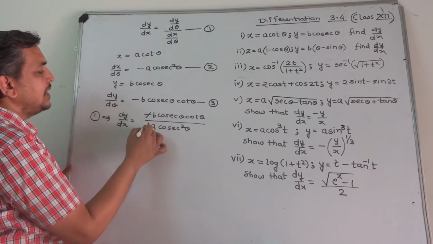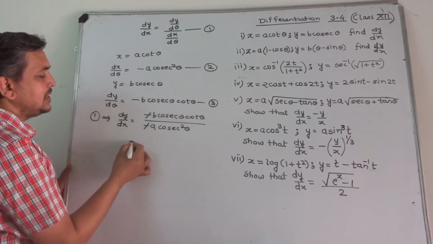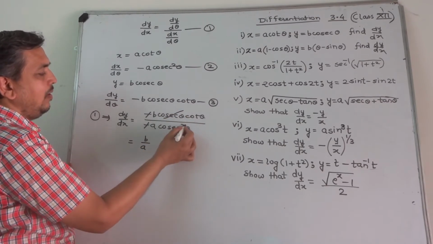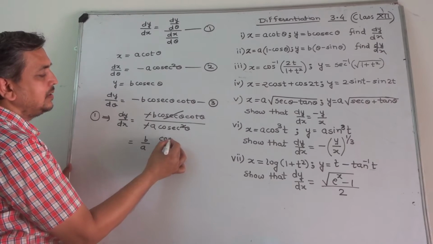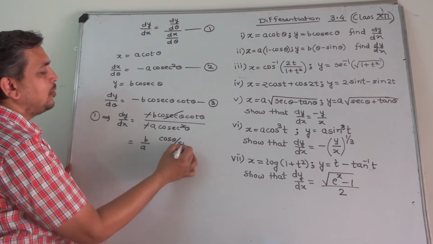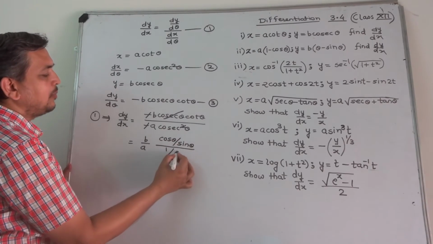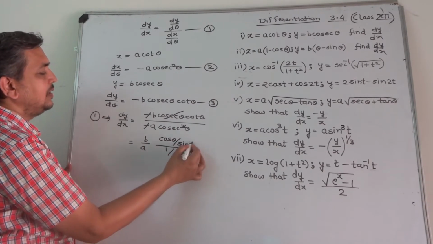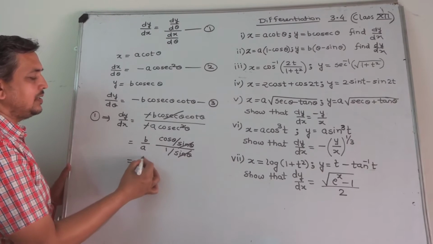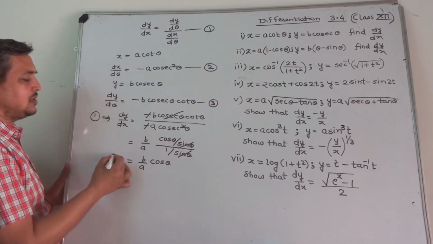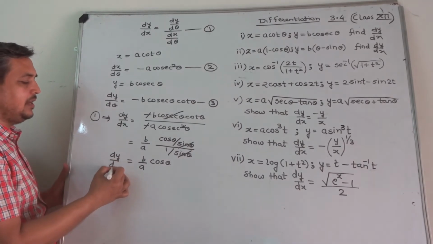This minus gets cancelled, 1 cosec gets cancelled and we get b upon a cot theta upon cosec theta. Cot theta is cos theta upon sin theta and cosec theta is 1 upon sin theta, so we can cancel these denominators and the final answer becomes b upon a cos theta. This is dy by dx.